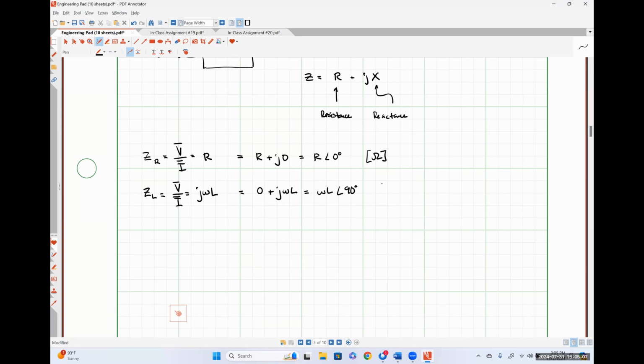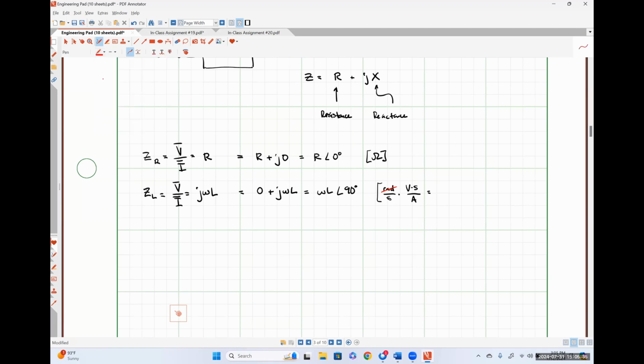And let's look at the units here really quickly. Okay. So omega has units of radians per second, where radians are a dimensionless quantity, so we can throw those away from the jump. And then inductance is measured in henries, where a henry is a volt second per ampere.